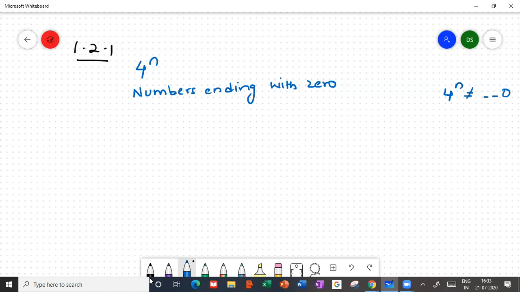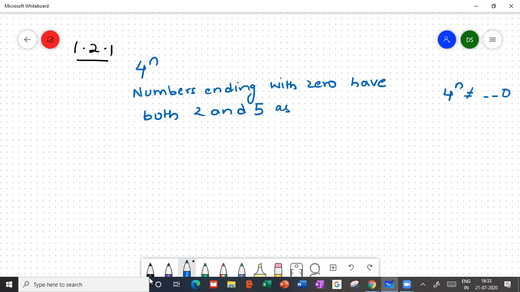Okay, so numbers ending with 0 have the factors as, so this is how you write it. Numbers ending with 0 have both 2 and 5 as their prime factors. Isn't it true?